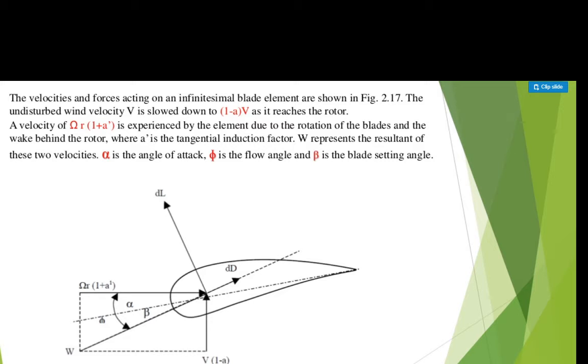Alpha is the angle of attack, phi is the flow angle and beta is the blade pitch angle. This is an infinitesimal element of the rotor blade. This is the aerofoil. In this figure, we can see the different angles alpha, beta and phi, shown according to the figure.